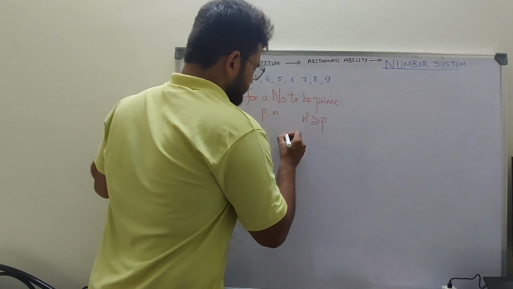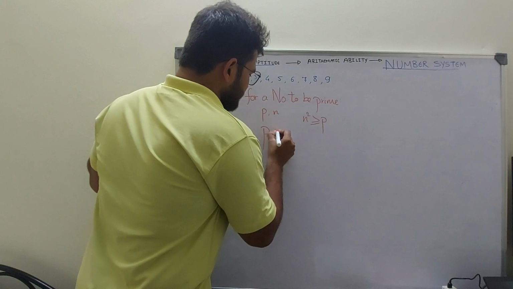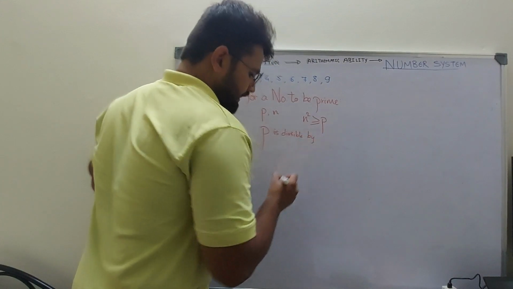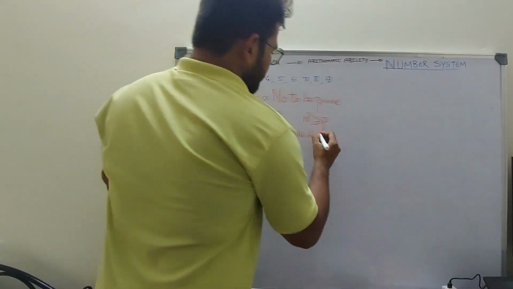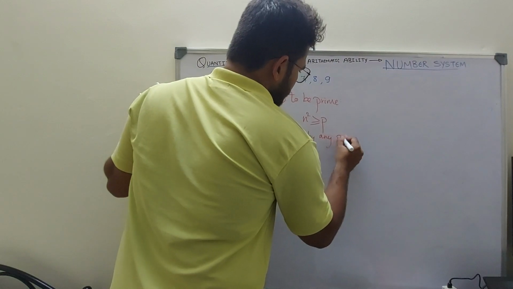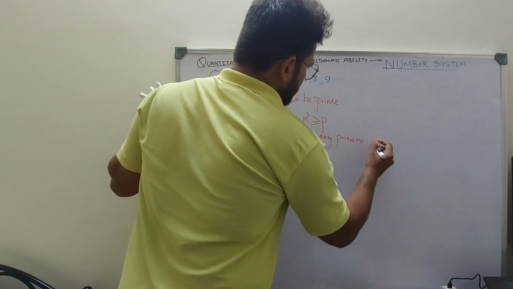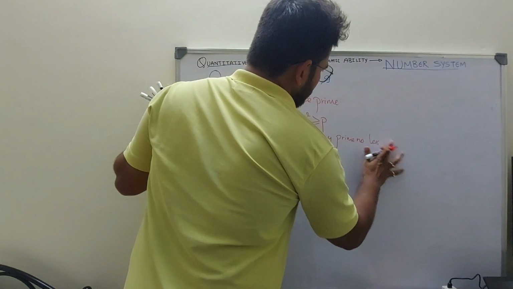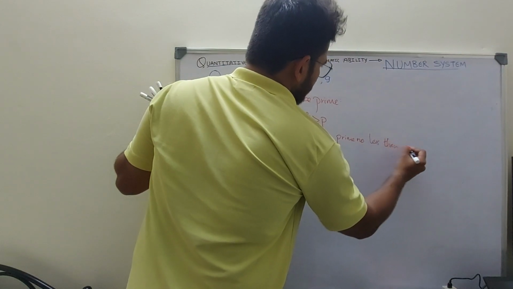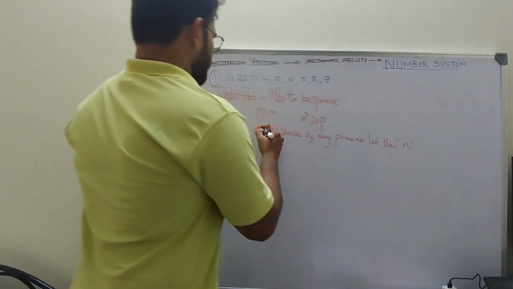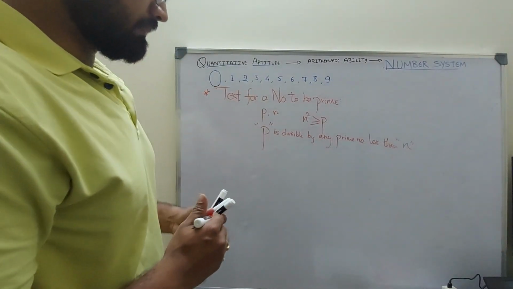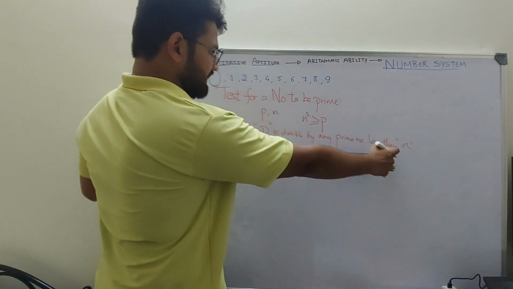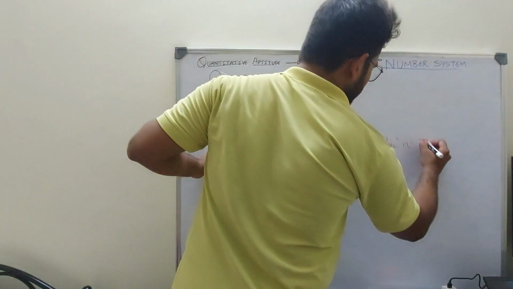Okay, now we will have to check whether p is divisible by any prime number less than n. And if yes, then p is not prime, otherwise p is prime.